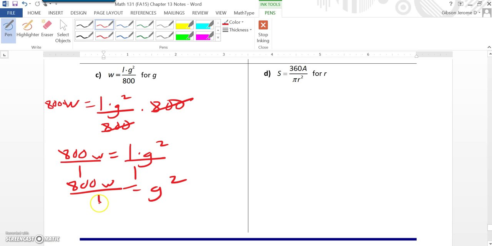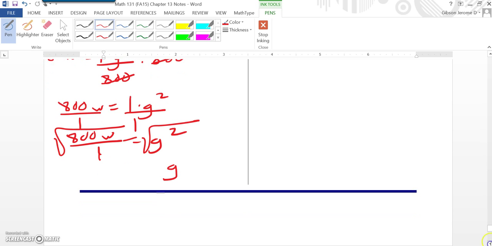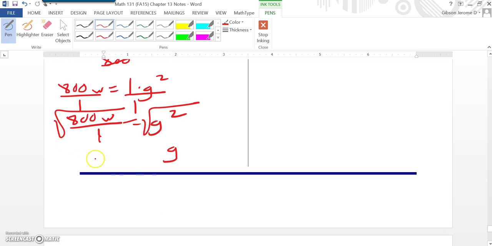So now we have to get G by itself, so we would take the square root of both sides. When we take the square root of both sides, we know this side will give us G. Now we have the square root of 800W over L. So now we're going to need a little bit more room. Okay, so now we would take the perfect square because we know this is the square root of 800W over the square root of L. The highest perfect square in 800 we know is 400.